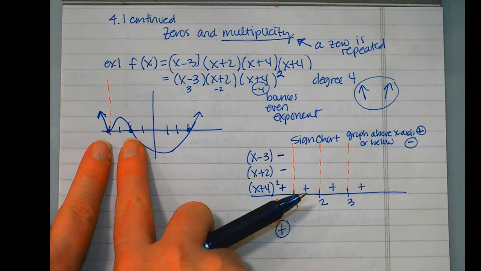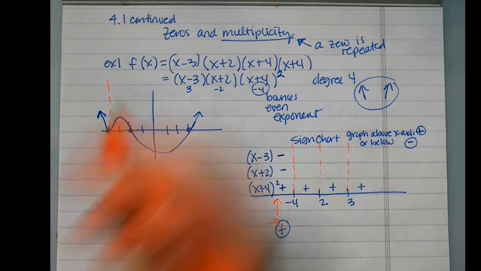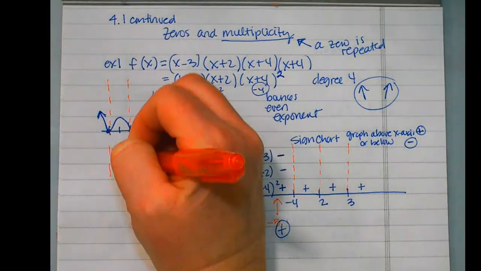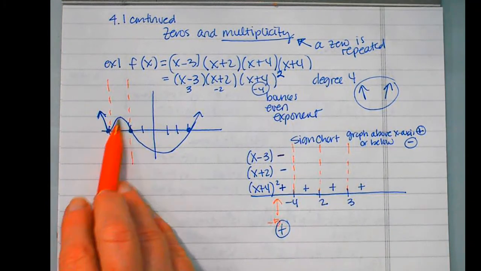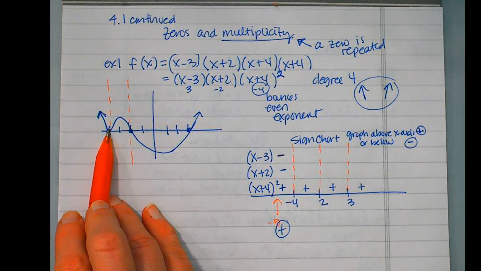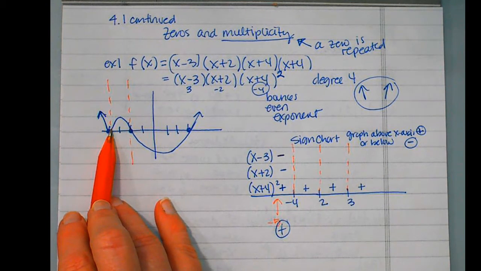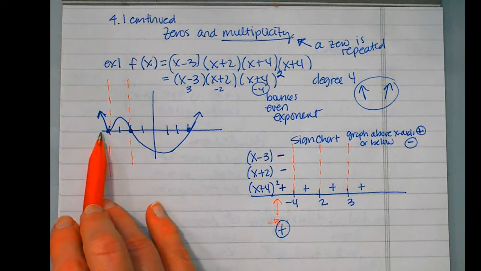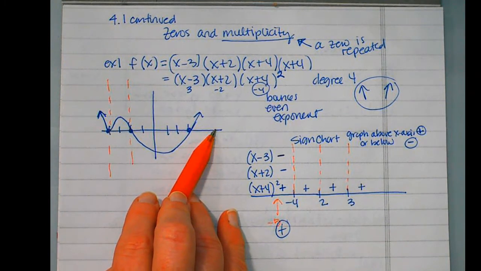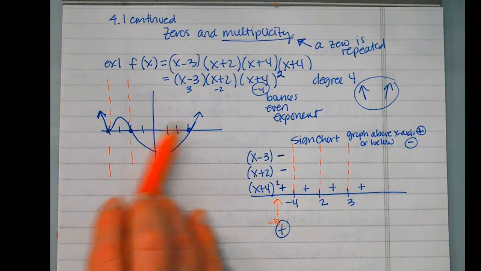So in this next section, I should have drawn all my little dotted lines. Is this part of the graph above the x-axis or below the x-axis? This little bit, is it above or below? Here's x. Higher or lower? It's not a trick question.